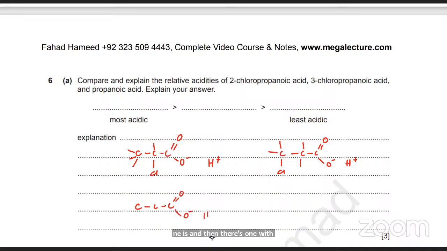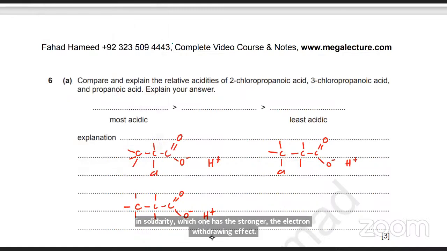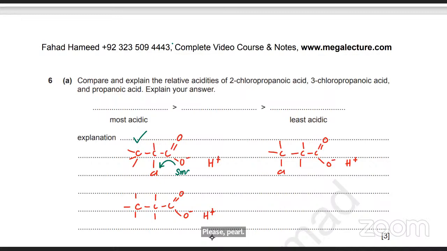So which one has the stronger electron withdrawing effect? 2-chloro. कौन सा? ये वाला 2 है. ठीक है. Cl is really close to it, so the negative charge is going to be very small. So this would be the strongest acid.